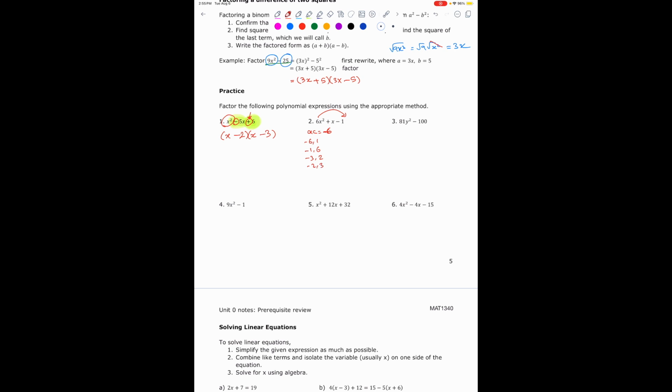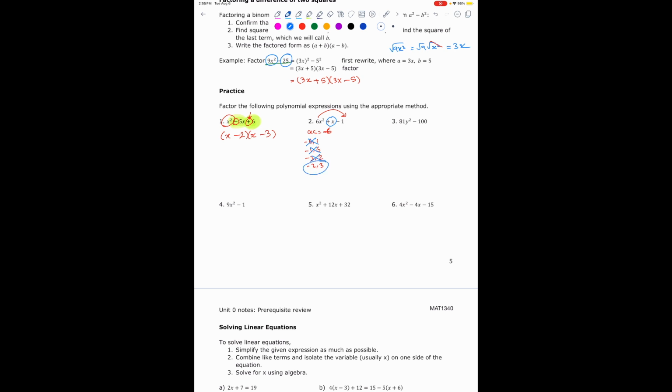Now, which one of these is going to work? I will add them together, and whatever adds up to positive 1 is going to work out. Negative 6 plus 1 is not positive 1. Negative 1 and 6 doesn't work because it's not positive 1. Negative 3 and 2 doesn't work because the answer is negative 1. And the last pair works.